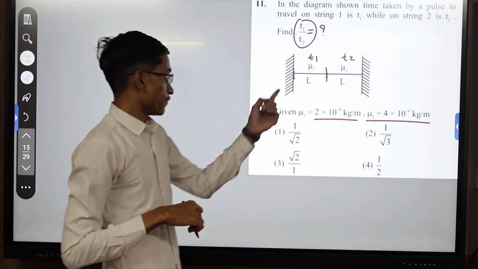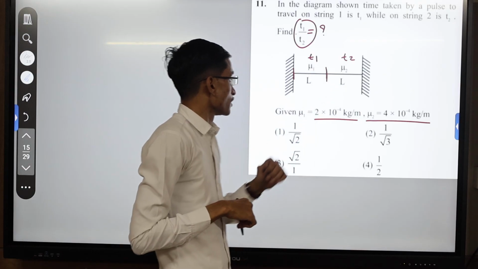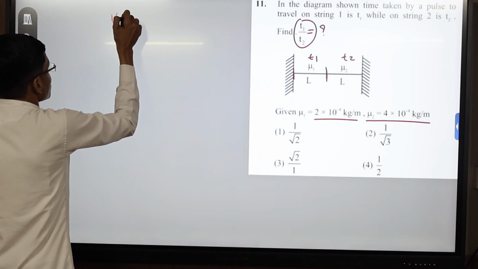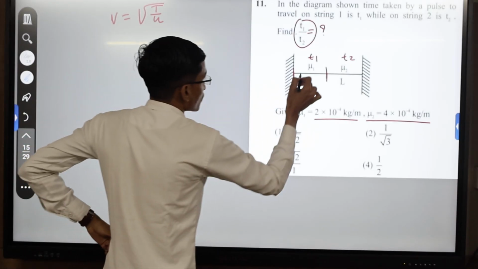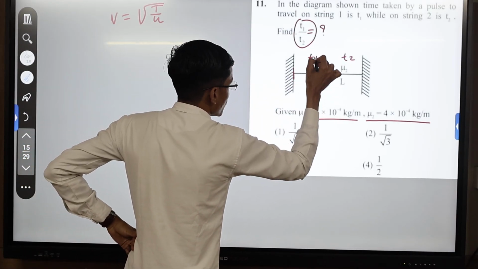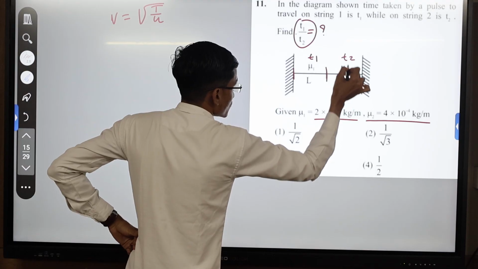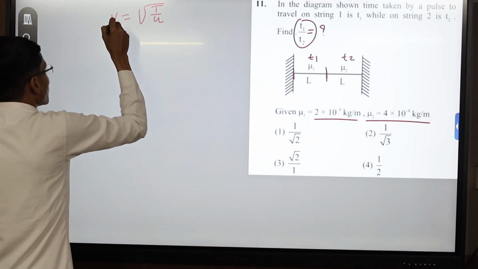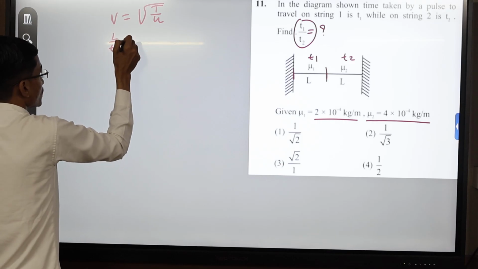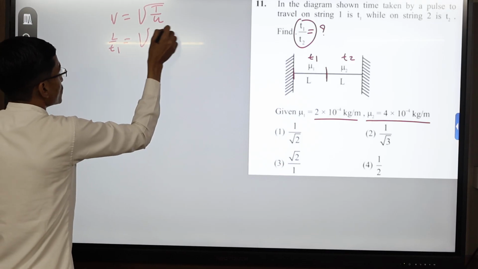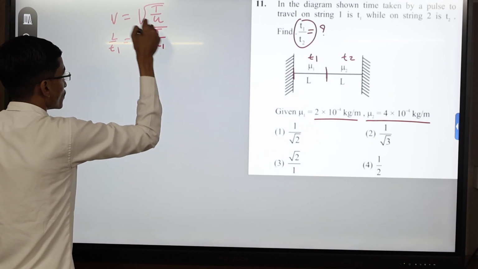We know that the velocity in a string is given as under root T by mu. Here, the pulse covers distance L in time t1 and here distance L in time t2. So we can write velocity is L by t1 in the first case, which will become under root T by mu1.